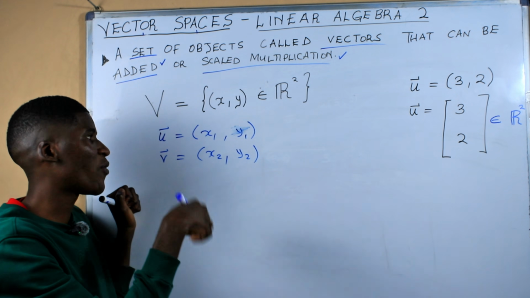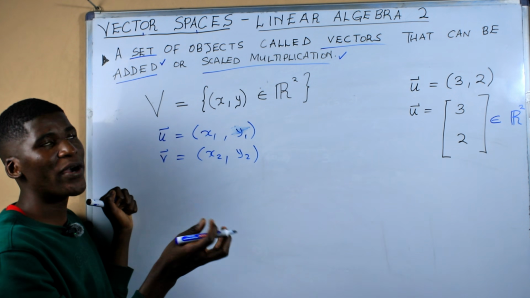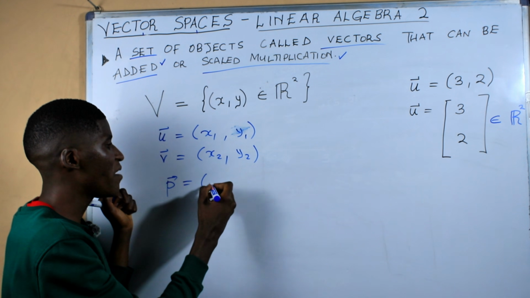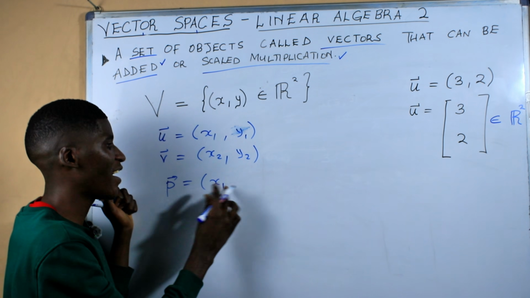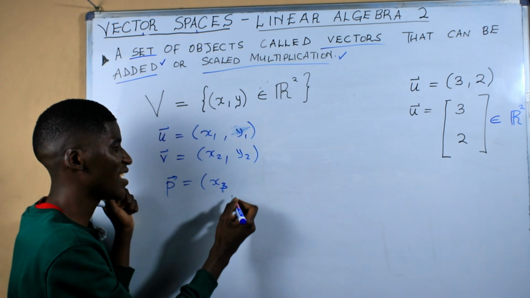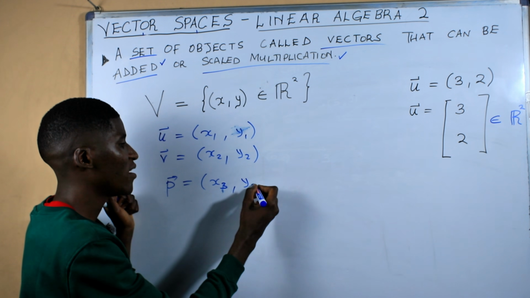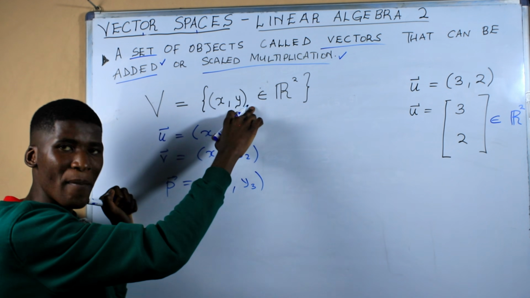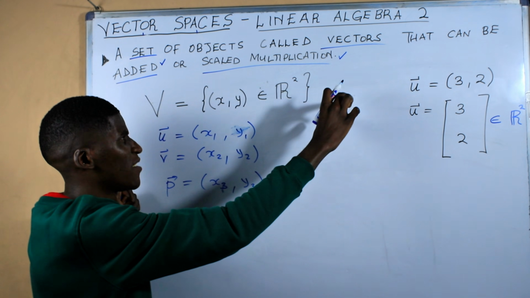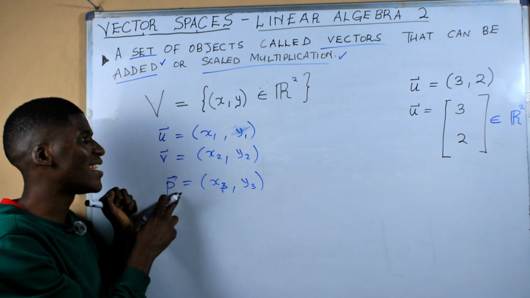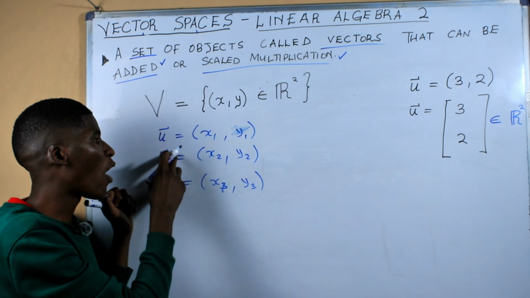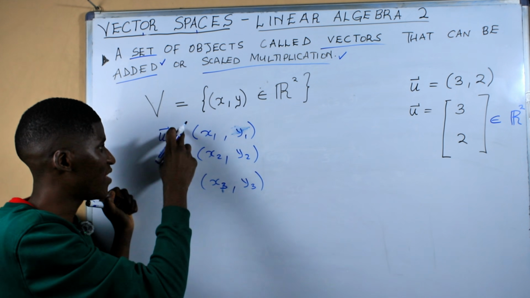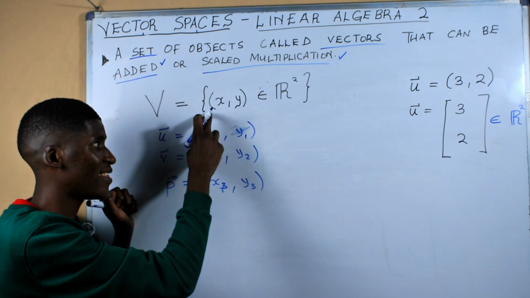Even if I pick another of my choice, a vector p with x3 and y3, as long as it follows the same format as the general vector space, it is an object found within this vector space.